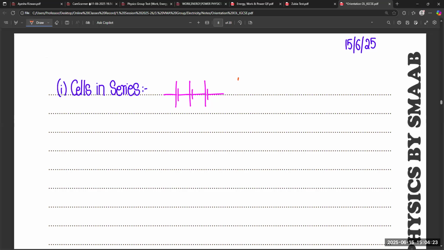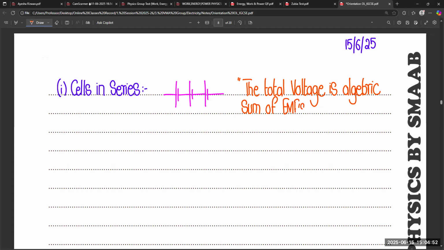So basically, the total voltage is the algebraic sum of the EMFs of each cell.